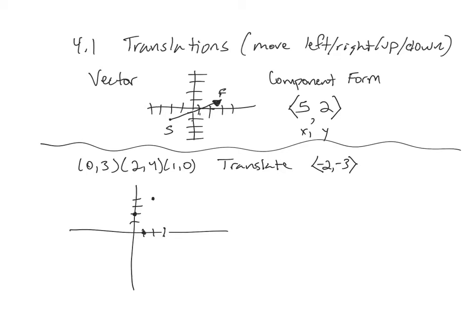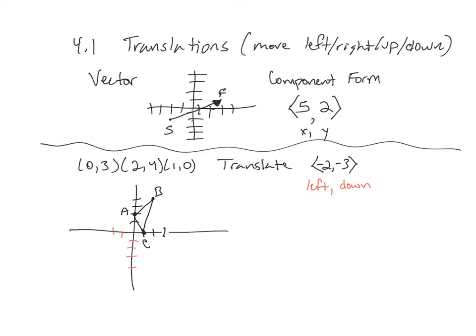And 1, 0. So they might label them, or they will, but let's say A, B, and C. And then we're supposed to translate it to the left 2, and then I'm going to go down because they're negative. So left 2, 1, 2, and down 1, 2, 3.